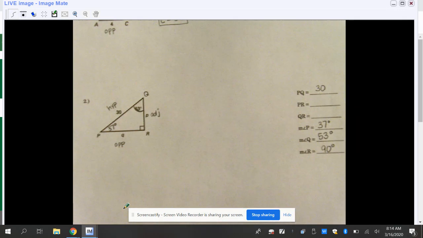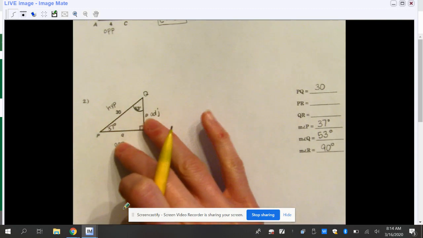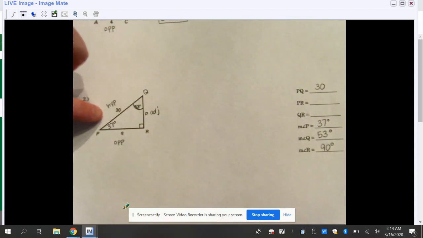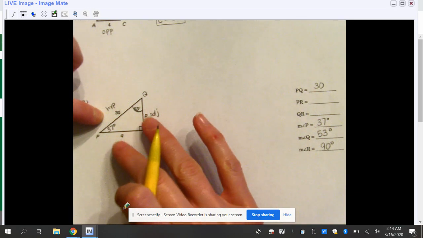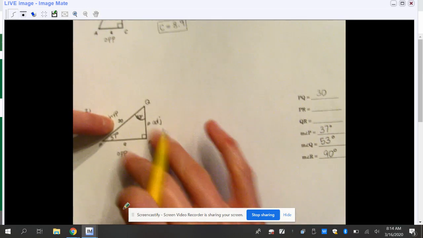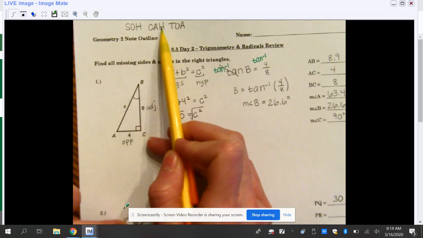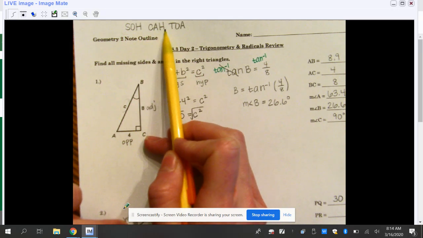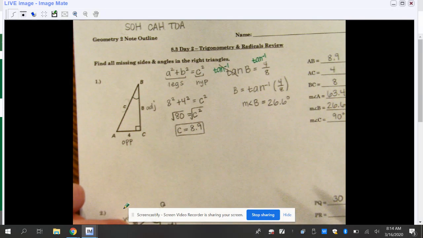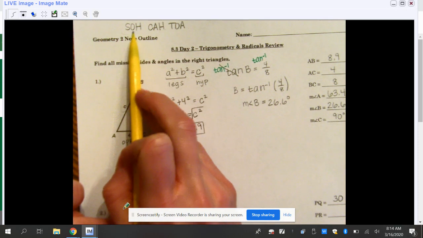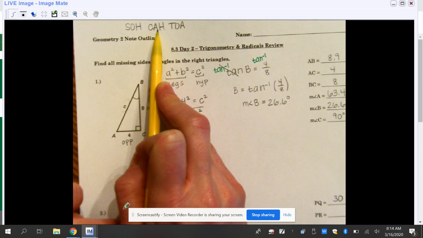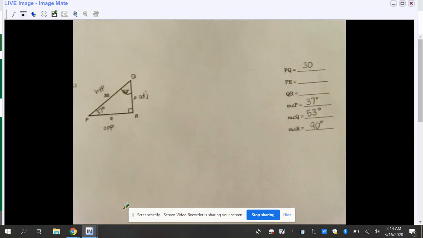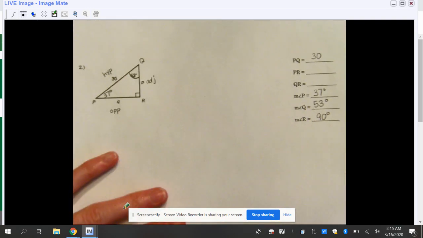Okay, so I'm solving for P and Q. I know the hypotenuse, so if I want to set up two separate trig ratios, that means I'm going to use sine and cosine, because those are the two that have the hypotenuse in them. So then the opposite side would be my variable here, and the adjacent side would be my variable here. So I'm going to set up two separate trig ratios to get those two sides.